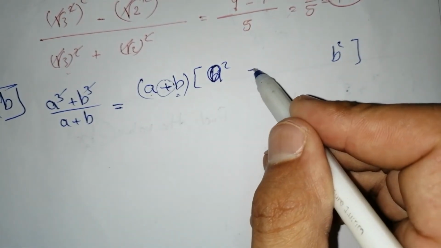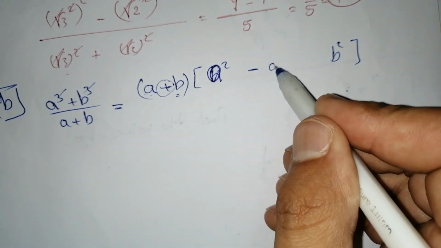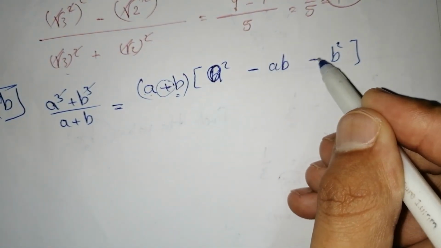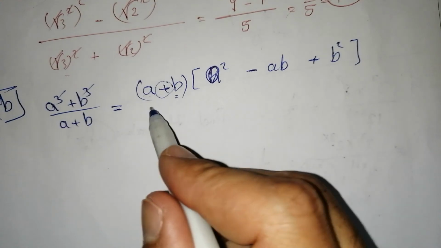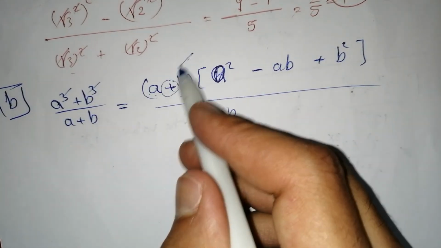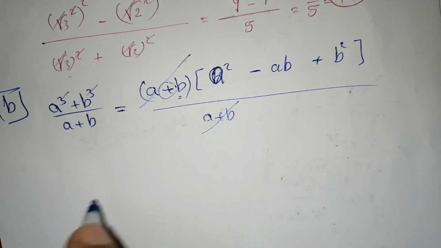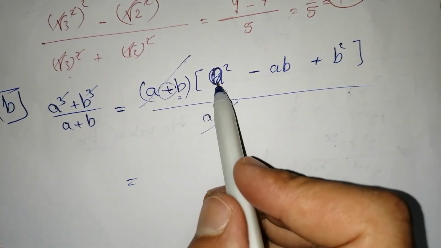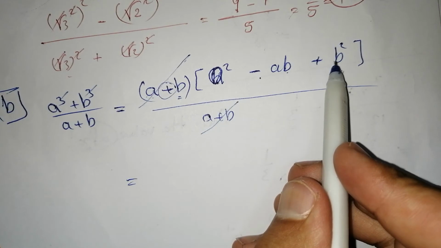We can write negative and a by b, which is ab, and the last term is always plus positive, and we have in the denominator a plus b, so we can cancel a plus b from the numerator and denominator, and then we have a power 2 minus ab plus b power 2.